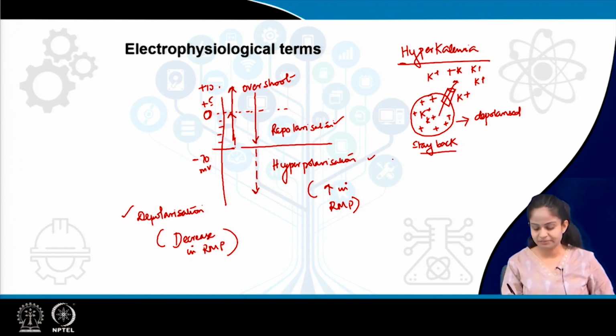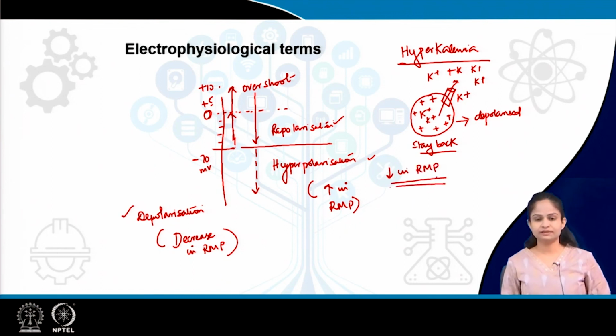So, in hyperkalemia, there is decrease in the resting membrane potential because of the accumulation of the potassium ions. The exactly opposite pathway occurs in hypokalemia, when there will be less concentration of potassium in the extracellular fluid, and that will give rise to the increase in the resting membrane potential.